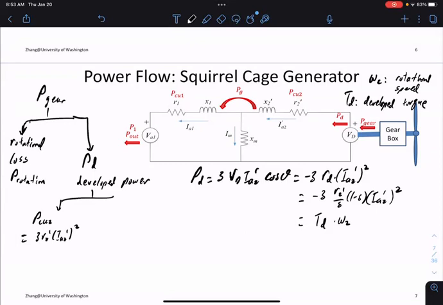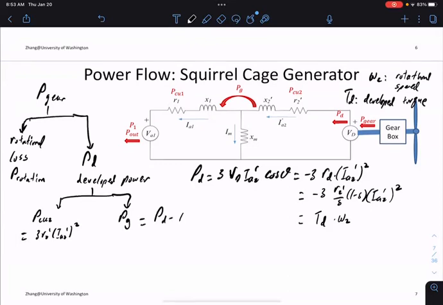After this loss, we get something called the air gap power, PG. So PG equals PD minus the power loss, which is minus 3 R2 prime IA2 prime squared.